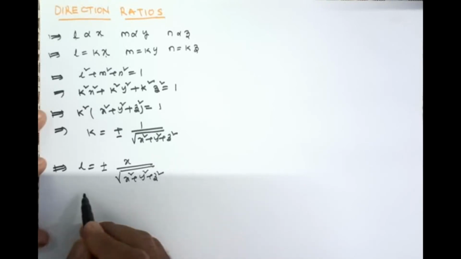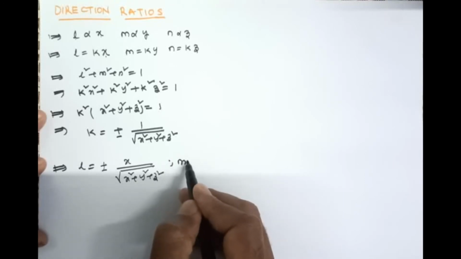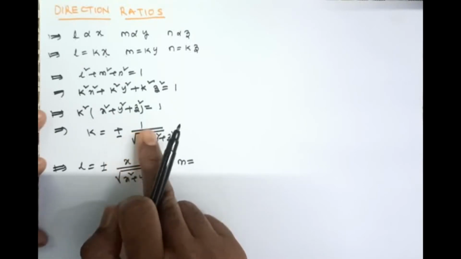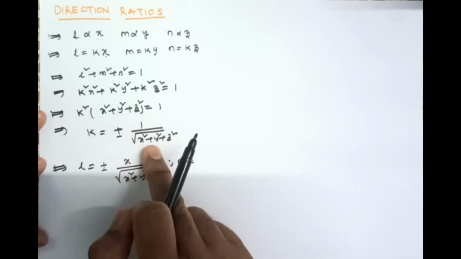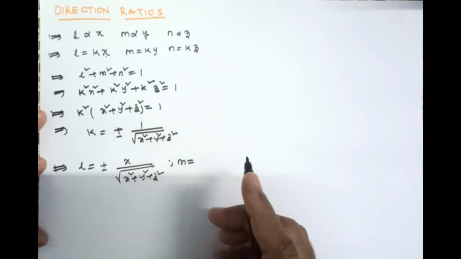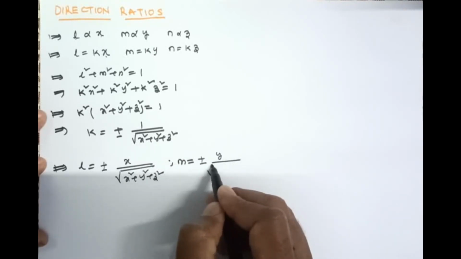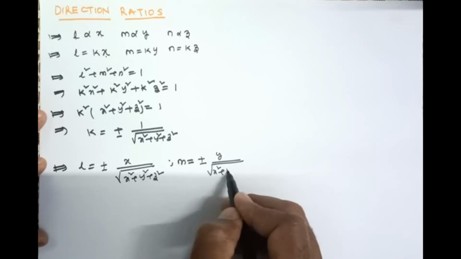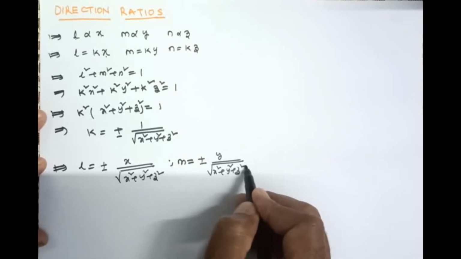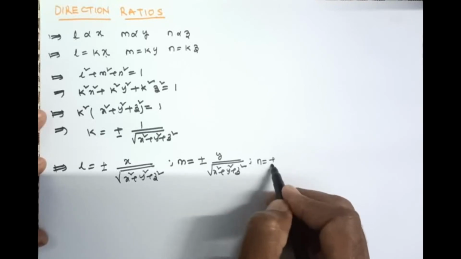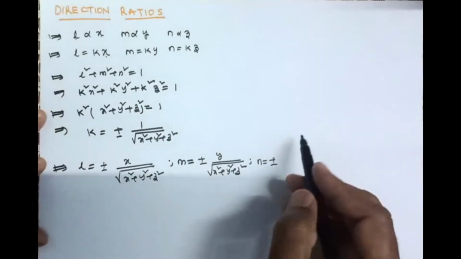Like that, M we can write in the same way, plus or minus y by root over x square plus y square plus z square. In the same way we can write N is equal to plus or minus k into z.